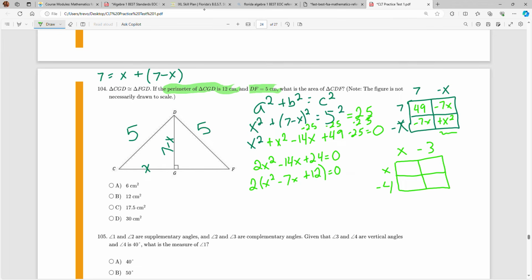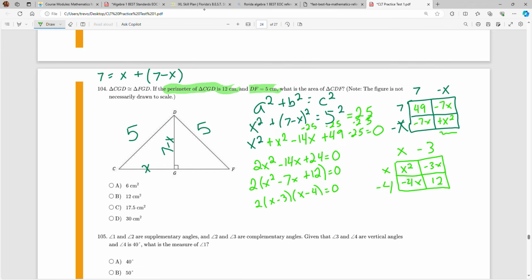I can prove it really fast. I wouldn't do this on the CLT because it's a time test. But I'd get x squared minus 3x minus 4x plus 12. Negative times a negative is positive. So we got 2 times (x minus 3) times (x minus 4) equals 0.